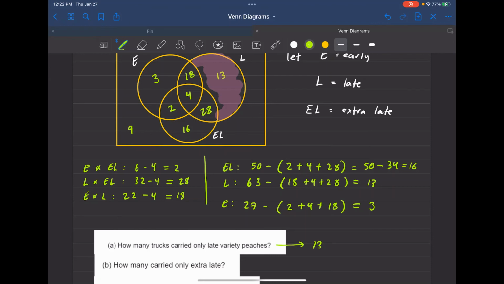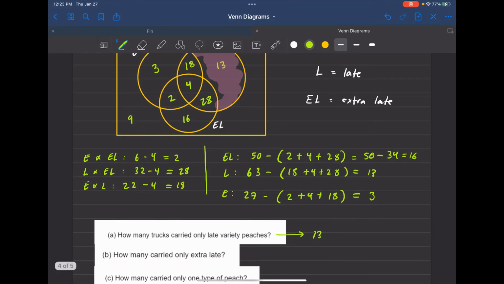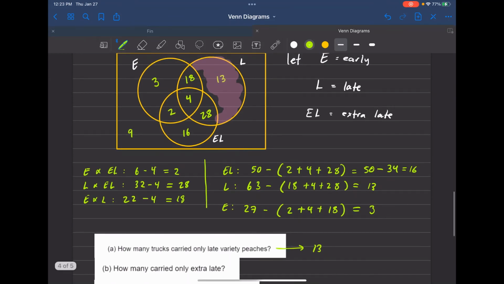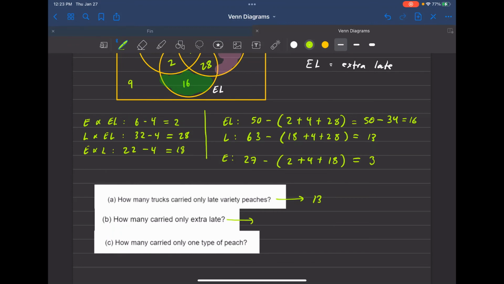And 13 trucks are carrying late peaches. Now, next question, we want to know how many carried only extra late. So only extra late, well, we have is this region right here. So this truck is carrying only extra late. So that will be 16 of them. So 16 is the answer for this one.